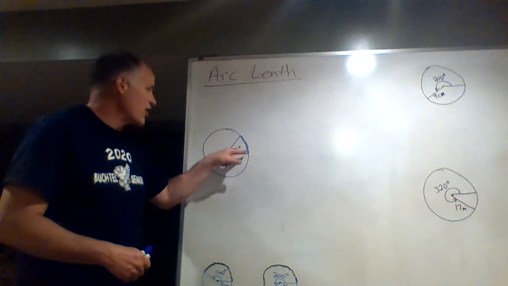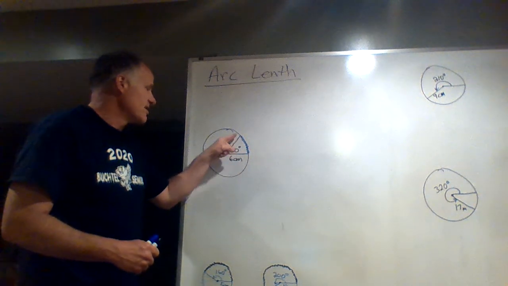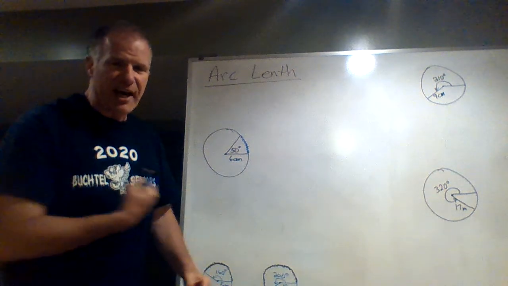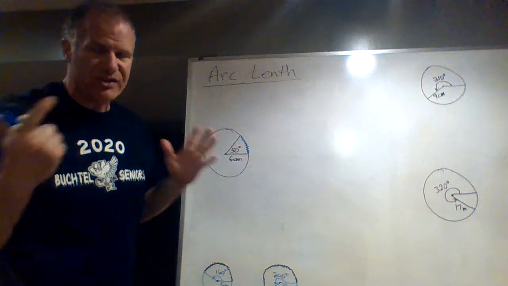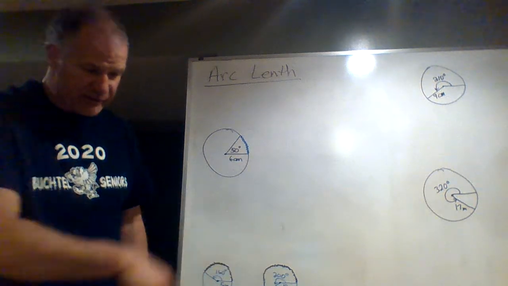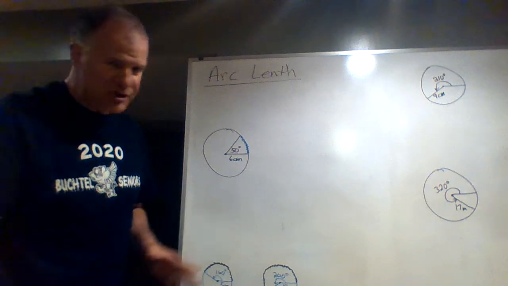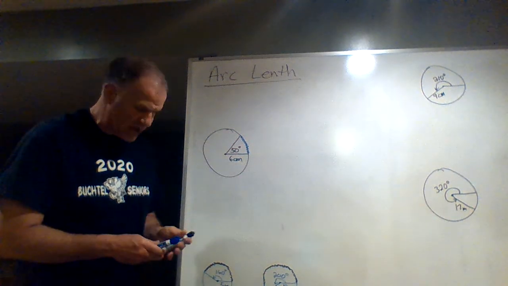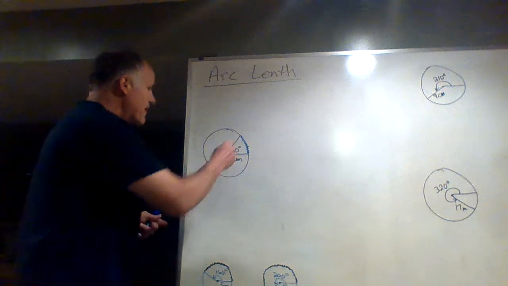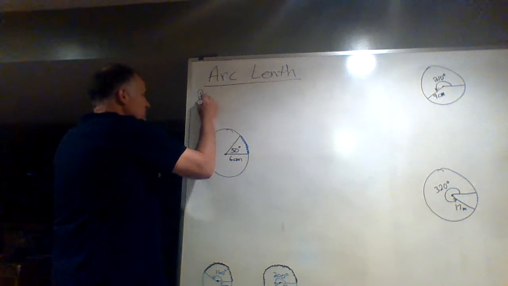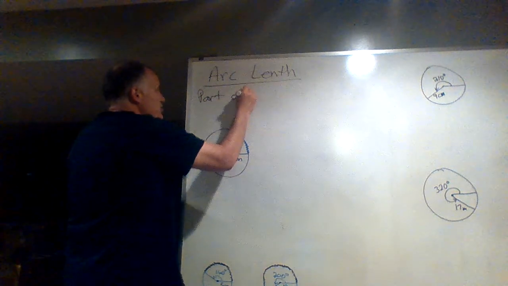There's a lot of application to this in engineering. A lot of machinery uses wheels. If you look inside your car, your parents' car, you see a lot of circular things with belts on them. So the distance around the outside of a circle is really important within engineering. Now, arc length is kind of like part of circumference.